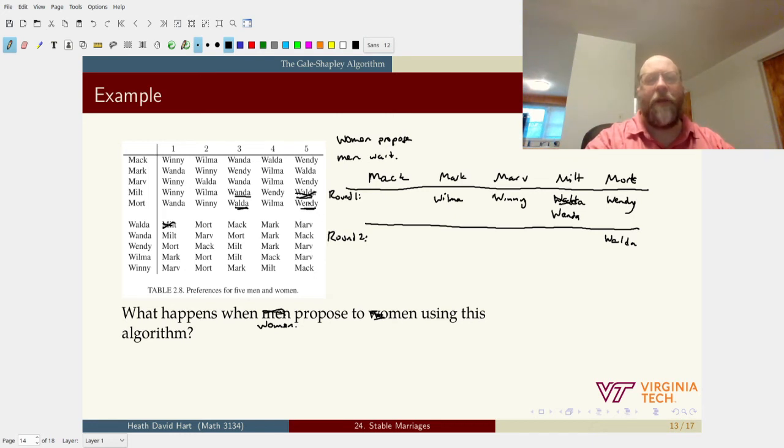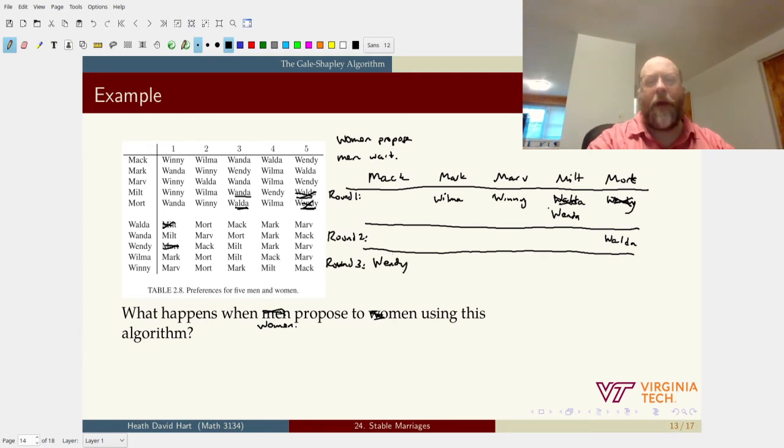And so Mort is going to switch partners now, is going to reject Wendy and hold on to Walda now. So now Wendy has had her first choice rejected. So the next round, Wendy has to go to her next choice. And that would be Mac. And so Wendy would approach Mac.